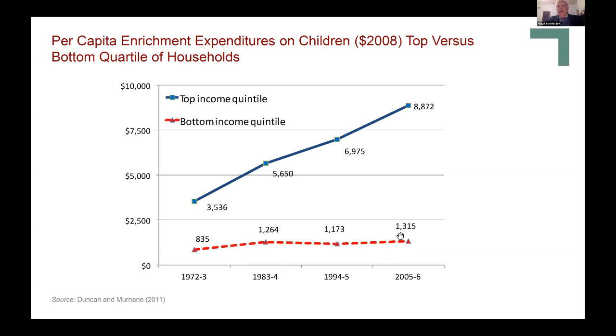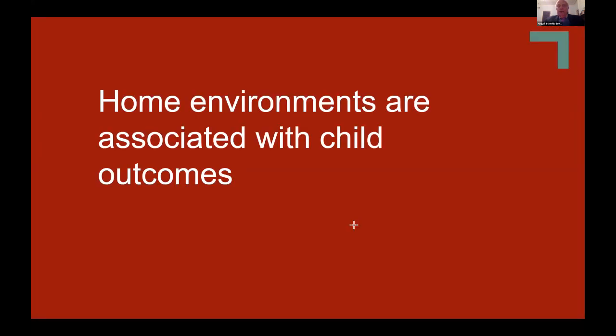It's increased a little bit. A 50% increase is not small, but look at the change for the affluent. You start from 3, and then you more than double it. You almost triple it. And so the gap in expenditure between the haves and the have-nots is enormous and growing.